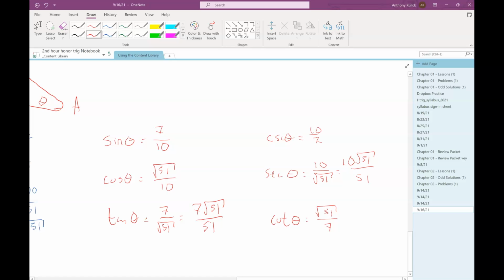Okay, thank you. You're welcome. Are we going to have to memorize all those? My suggestion to you is to just remember which ones are the reciprocal pairs. That way, I know SOHCAHTOA already. If I know cosecant is the reciprocal of sine, then I know it's hypotenuse over opposite, because it's just the reciprocal of what sine was.